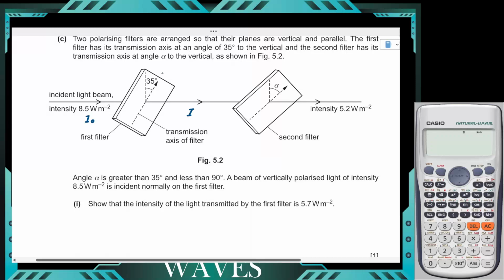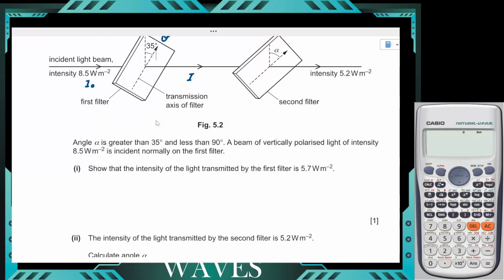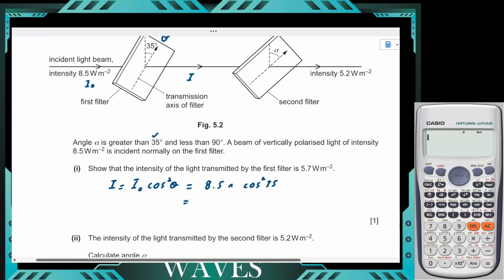Let's call this angle theta, though they can call it alpha if they want. We'll go with theta. So the formula is that the new intensity equals the old intensity times cos squared theta. The new intensity needs to be found. The old intensity was 8.5 times cos squared, and theta is 35. When you hit it on the calculator, you have to be careful with it.